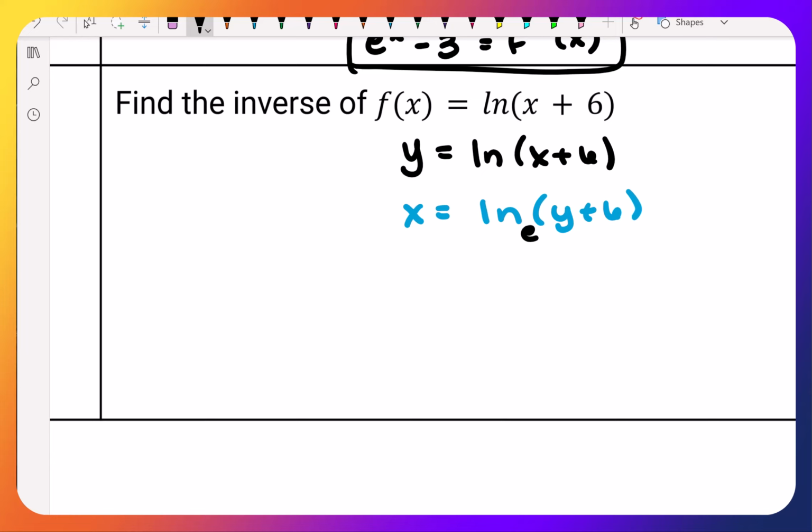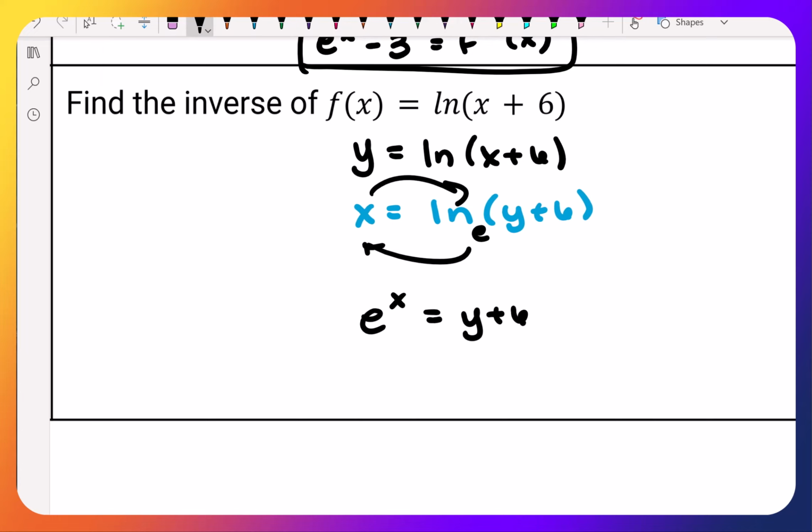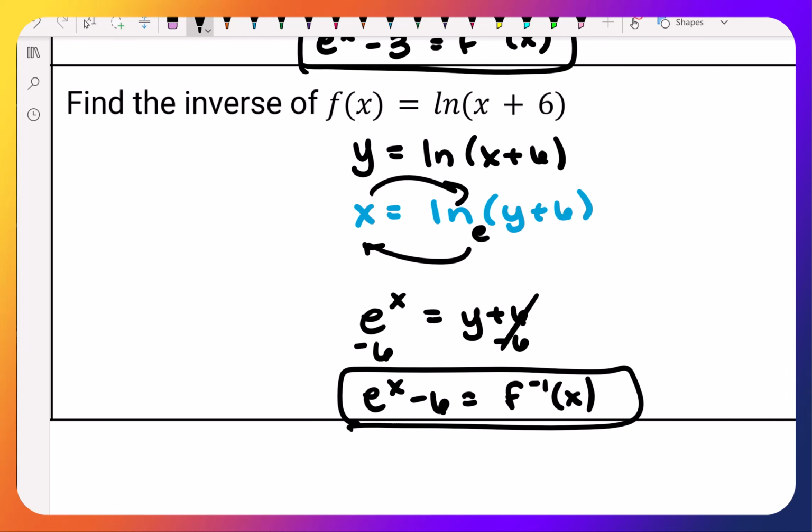So if I want to write it in exponential form, I'm going to say e to the power of x is equal to y plus 6. Like I did the one above it, you have to subtract 6, so you have to get the y by itself. Oops, I forgot the minus 6. Then change the y back into inverse notation. All done.